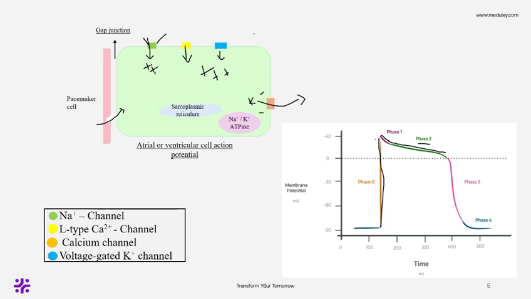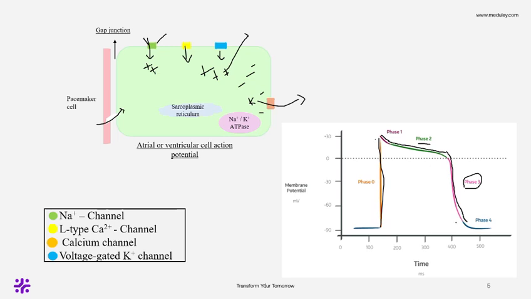As it moves out of the cell, the positiveness inside the cell moves out, and here the potassium channel is still open, so potassium is still going out, due to which the negativity in this cell will increase, causing relaxation, and from the plateau phase it will go back to the resting membrane potential, and this phase is called phase 3.